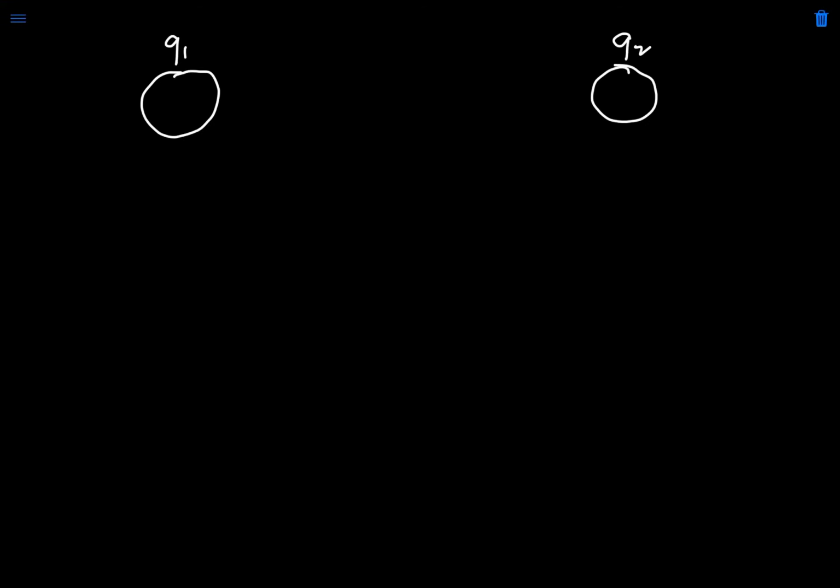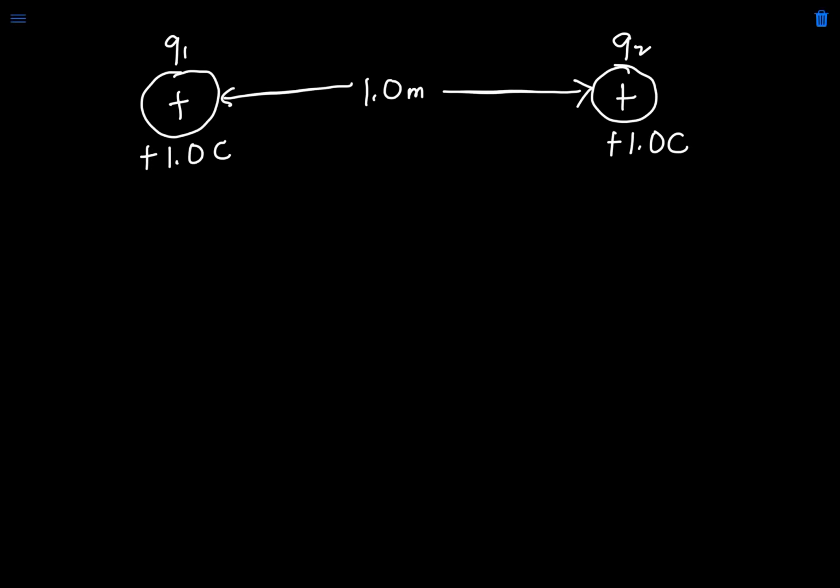Let's say that they have the same charges, which is positive 1.0 Coulomb, and another positive 1.0 Coulomb. So they are both positive charges, and they are separated by a distance of 1.0 meter. So r is 1.0 meter. The unknown here is the force. So let's compute for the magnitude of the force.